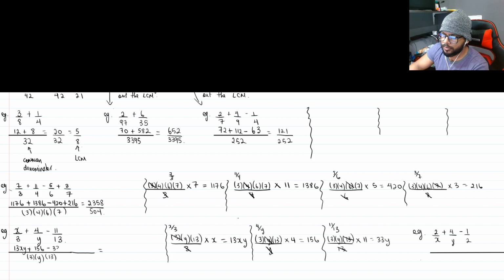Minus 33y. Now, I'll give you all a piece of advice here, and we will be doing this in the future. Whenever adding different things, I can only add things that visually look the same. For example, I can only add numbers to numbers.